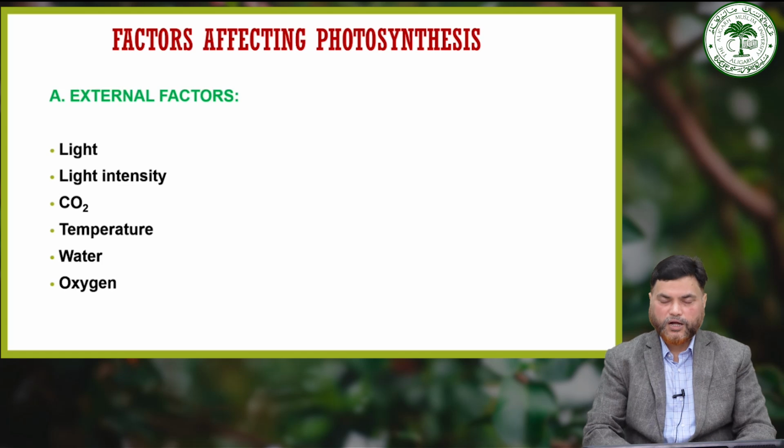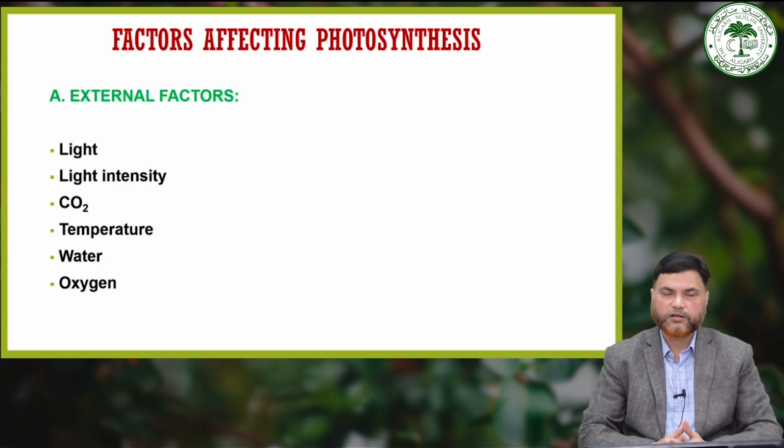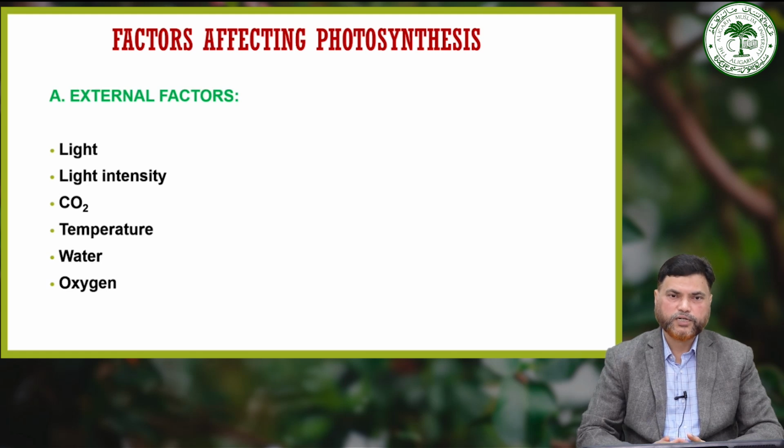Now, after discussing all the aspects of photosynthesis, we should know what are the external factors and internal factors that affect the process of photosynthesis, or you can say the rate of photosynthesis. So, you see that the rate of photosynthesis can be influenced by various factors, both external and internal.